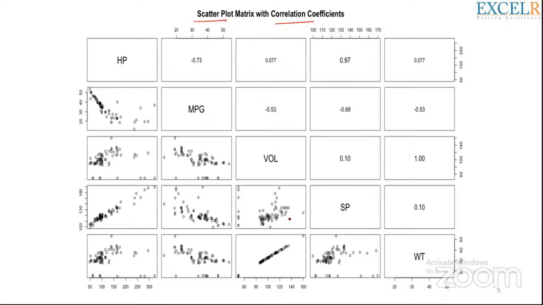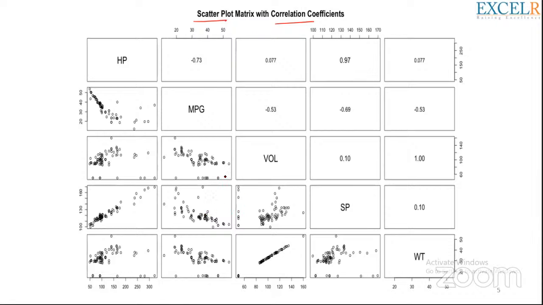So this is the scatter plot and correlation coefficient. Then how do we interpret this? You see, this is a scatter plot between two variables. But which are those two variables? To understand that, you can draw a line from here to here, or the other way around.